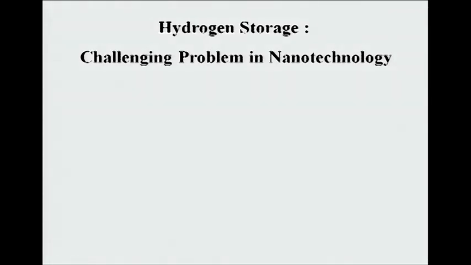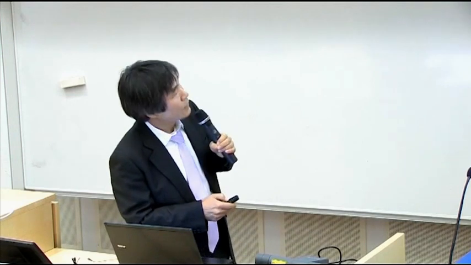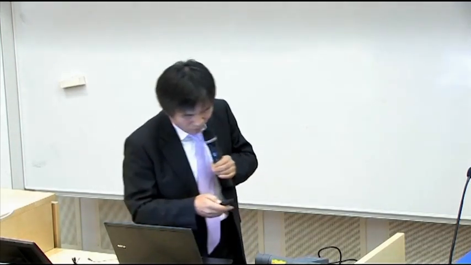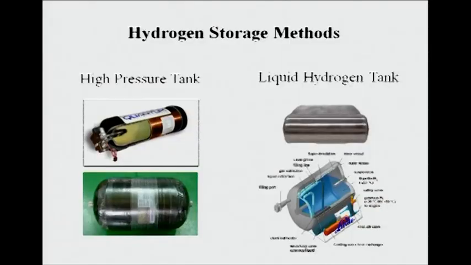And I'll go more into my own work. There are 3 ingredients in the hydrogen economy. One is heat production, storage, and fuel cell. My research is on this hydrogen storage. There are 4 major methods. One is the high-pressure tank, which is used by most car companies working on hydrogen fuel cell-powered cars.